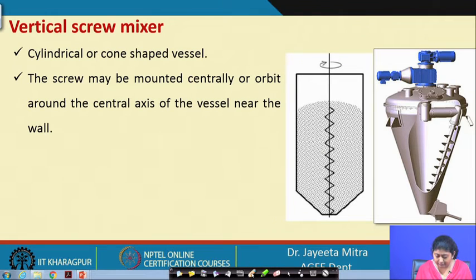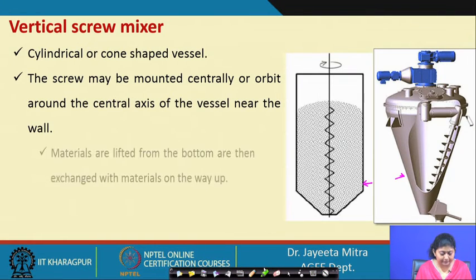The screw will be either centrally mounted as in figure 1, or it orbits around the slanting side of the conical vessel while moving around the central axis. Okay. So, these are called vertical screw mixers.